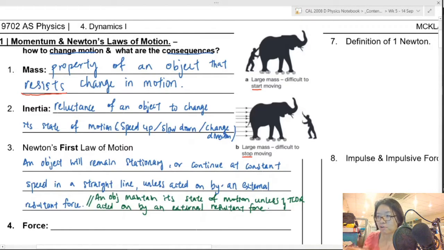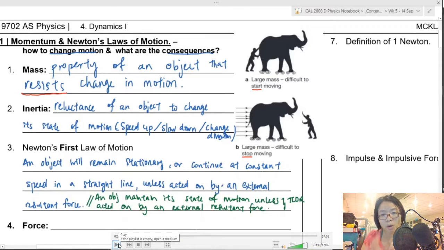For example, if you have a ball rolling across the Mabel Marsh Hall at a certain speed, and for no reason the ball suddenly changed direction, or even worse, suddenly stopped, wow, that also means time to go home. It's time to stop for the day, go to bed. You are hallucinating. So an object wouldn't suddenly change its motion unless there's an external force, and the larger the mass, the harder it is to change its motion. Put that in your head.